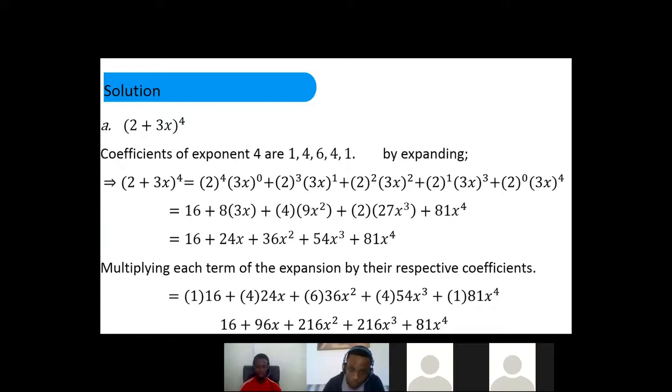We first multiply them. We multiply and add the number of times you have to get in the expansion. How many times are we getting in this expansion?